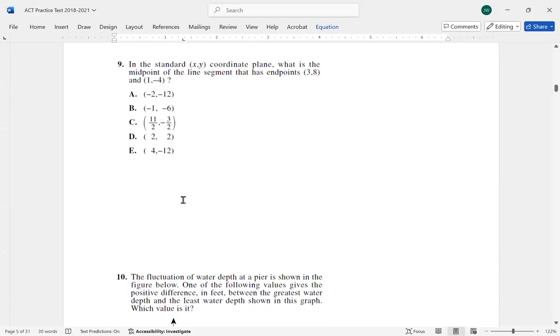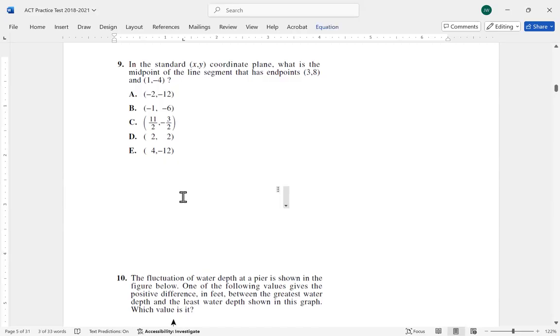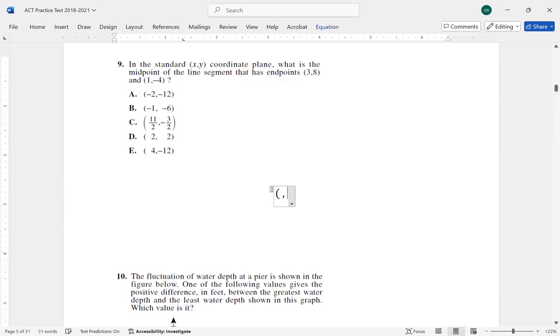Question 9. In the standard XY coordinate plane, what is the midpoint of the line segment that has endpoints 3, 8 and 1, -4? Well, if we're looking for a midpoint on a line segment, basically what we do is we average the x values.